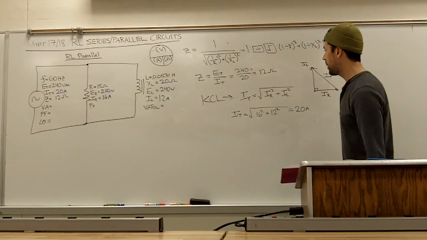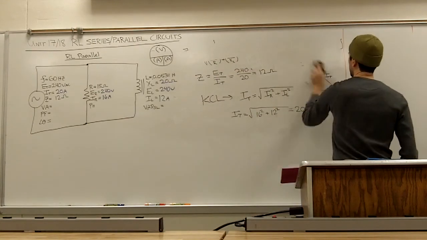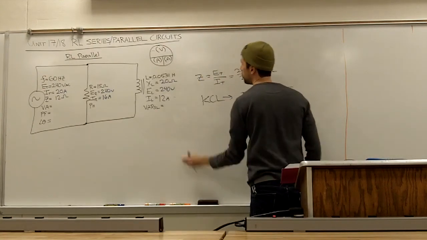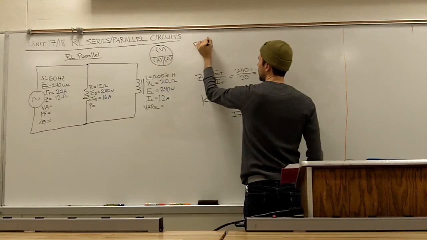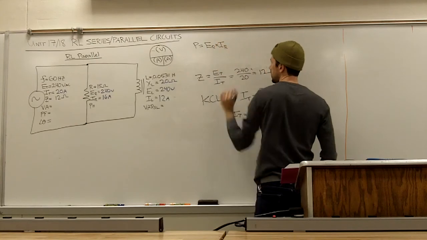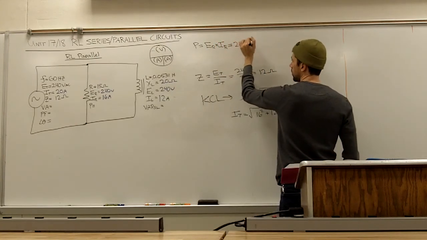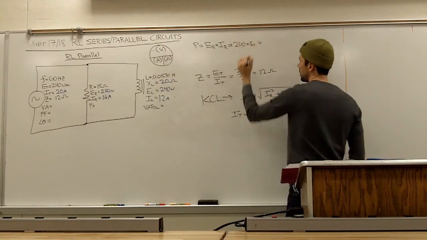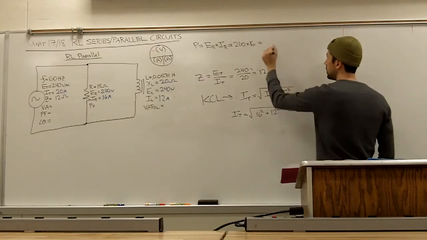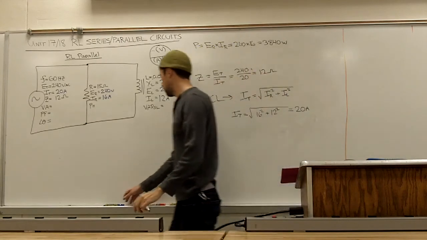So now let's deal with all the power values. Our true power P is equal to the voltage drop across the resistor times the current to the resistor. So 240 volts times 16 amps gives me a total true power of 3,840 watts.